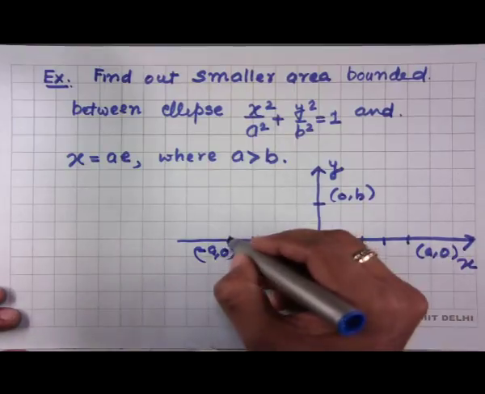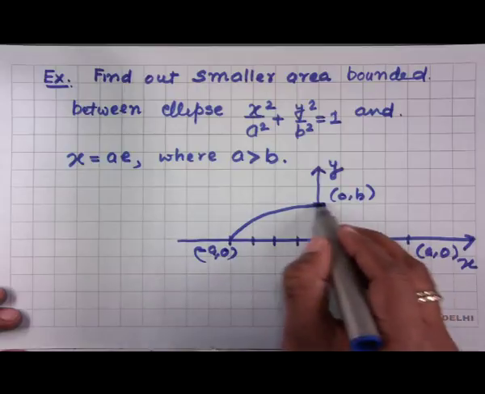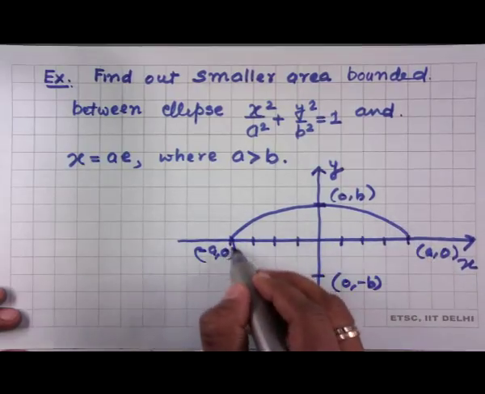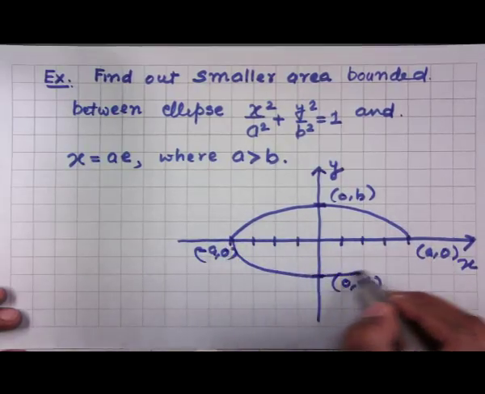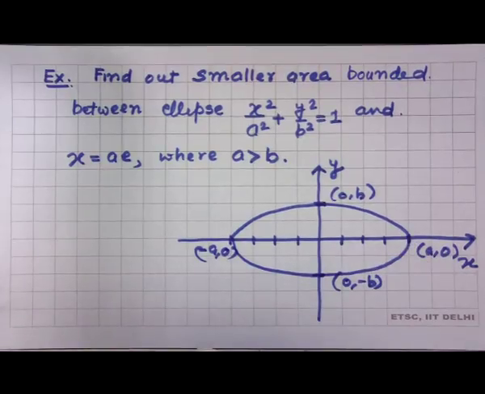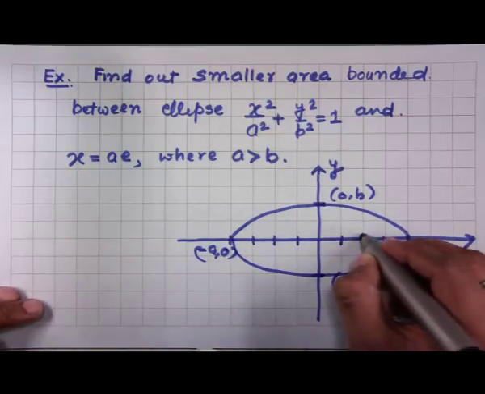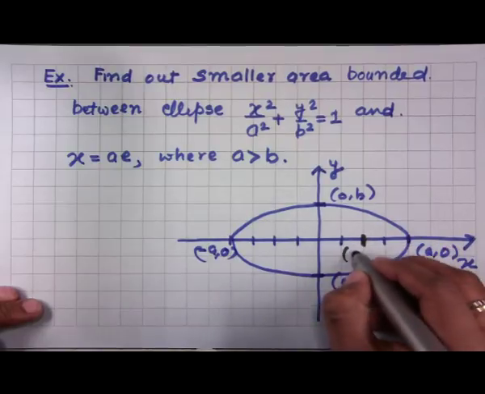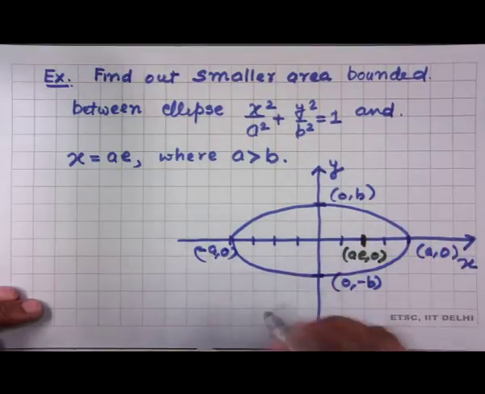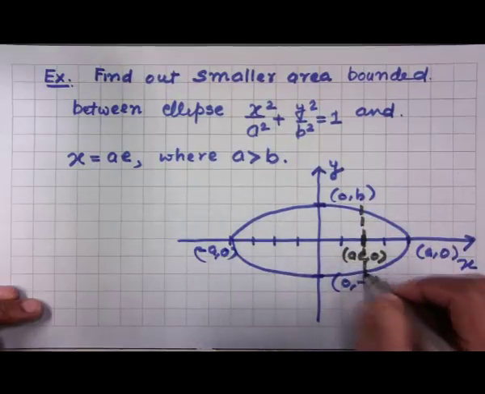Then you can plot the ellipse like this, and you know that ae is the coordinate of the focus, one of the foci of the ellipse. So, say this point is ae comma 0. So, the vertical line that is given to you is this.